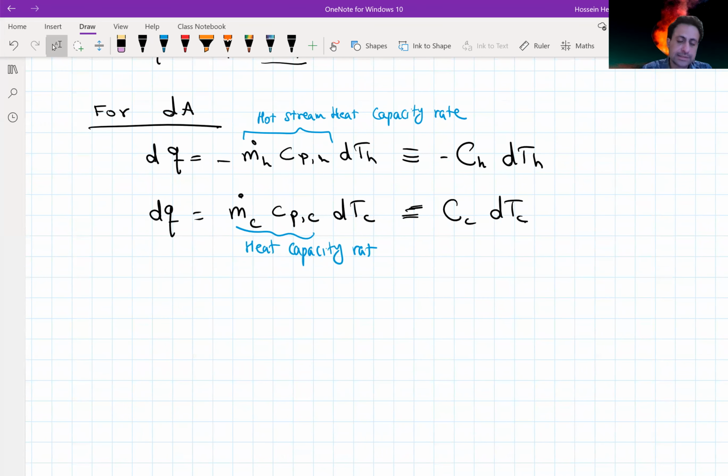Okay, so this is the heat transfer loss and gain by the hot and cold streams as they pass through this dA.